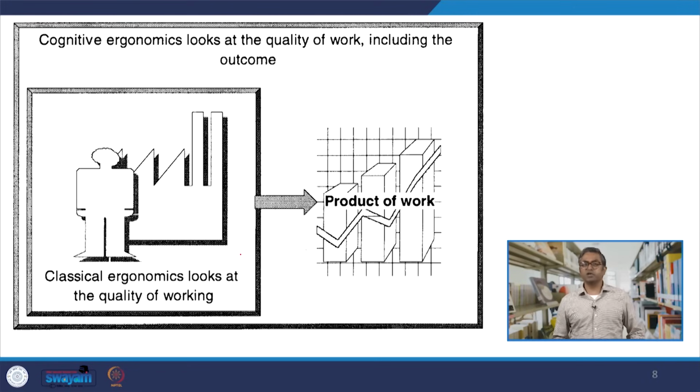Nobody is going to work in an organization where he or she is not being appreciated. Nobody is going to work in an organization for 30-40 years without being appreciated.